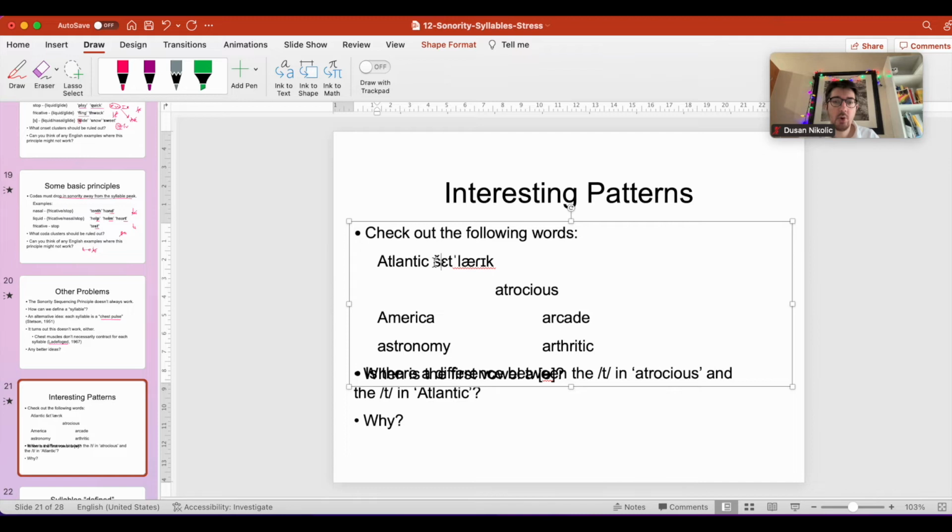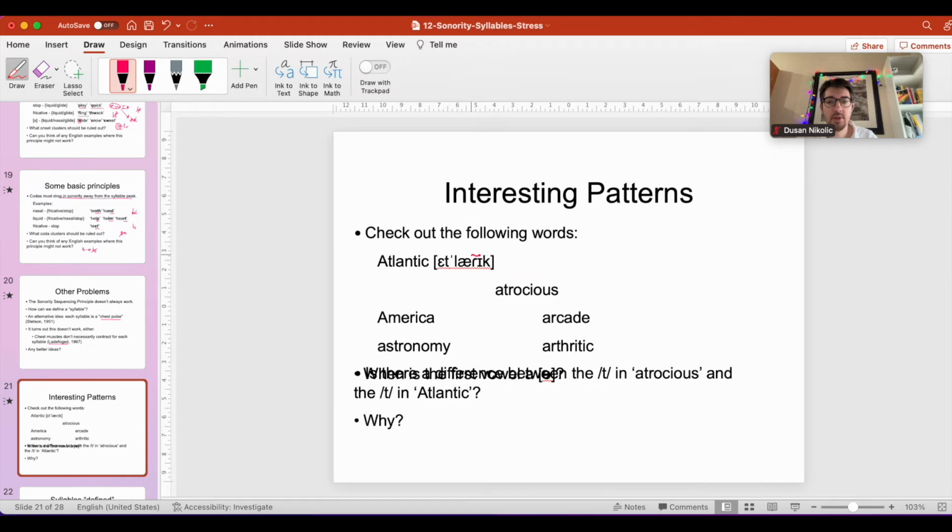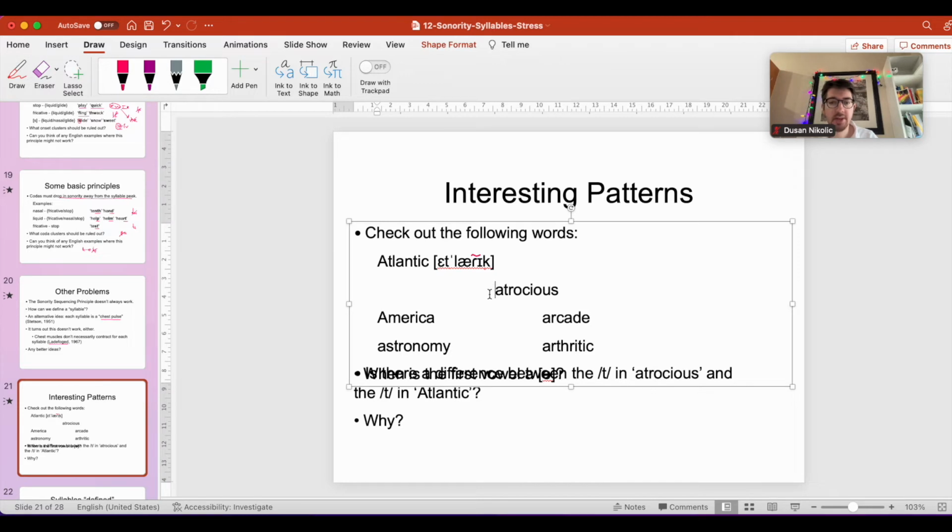So Atlantic, I have it here as a flap. Maybe it's a nasal flap. It should be a nasal flap for sure. So like this, Atlantic, right? Or Atlantic if you want a full pronunciation of the word, is transcribed like that.